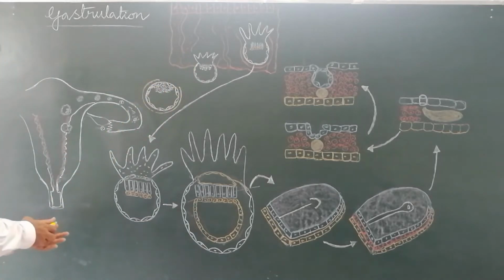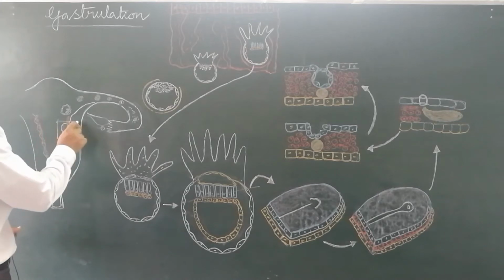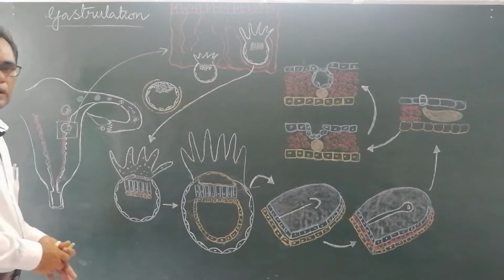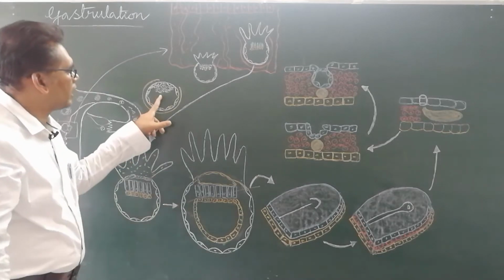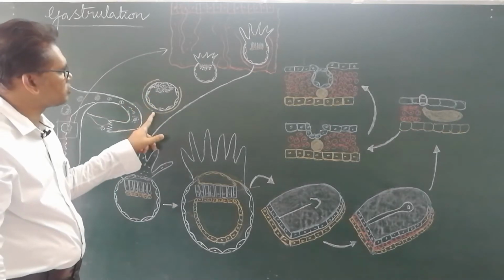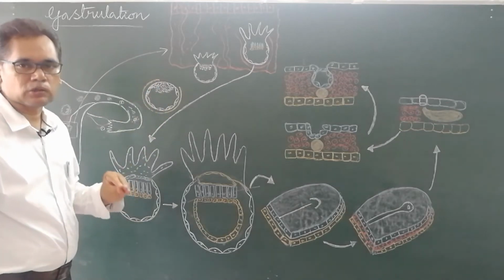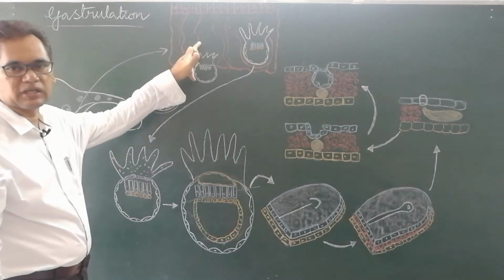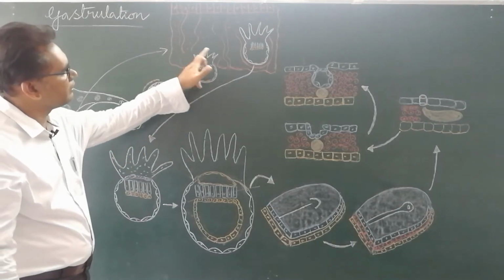Now this means the hatching out of the blastocyst from the zona pellucida, with the outermost layer, the trophectoderm. Now it attaches to the uterine endometrium and gets embedded inside.